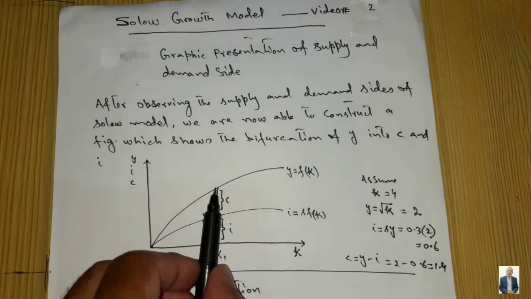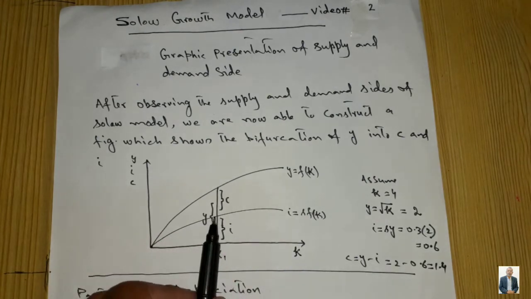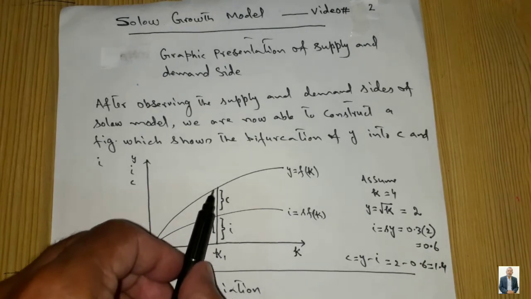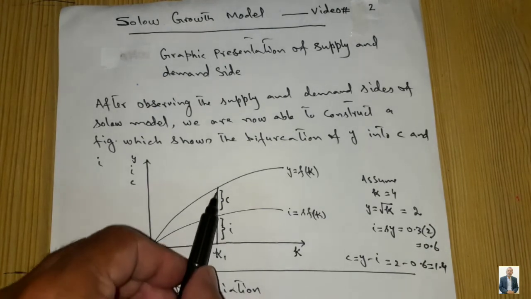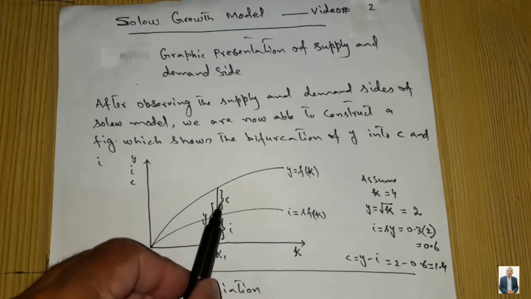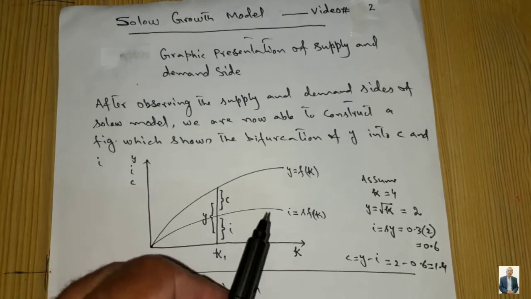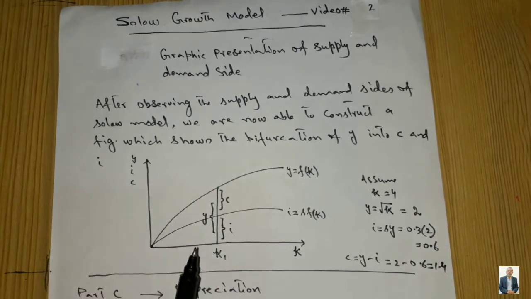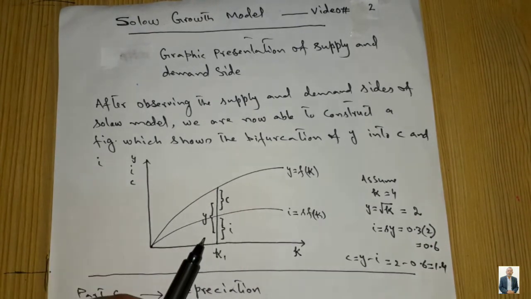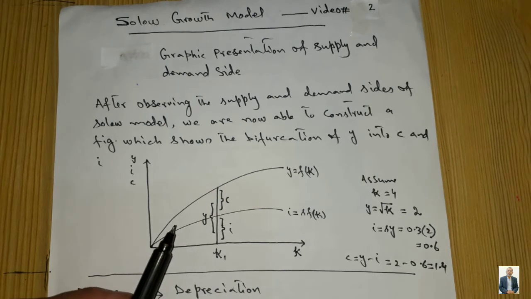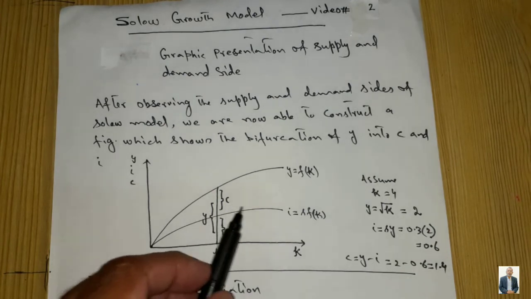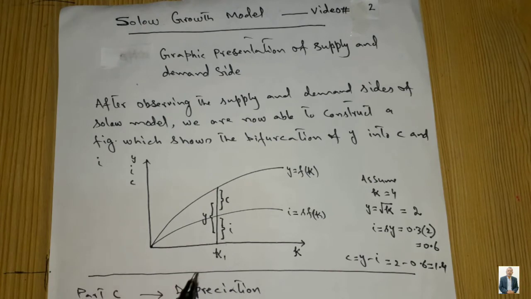So out of this Y, you are investing this one, and the remaining part, which is the residual, Y minus I, is equal to C. So this C is the residual, meaning the remaining part. The remaining part is the consumption per worker. So in this diagram we have distributed our Y into consumption per worker and investment per worker.